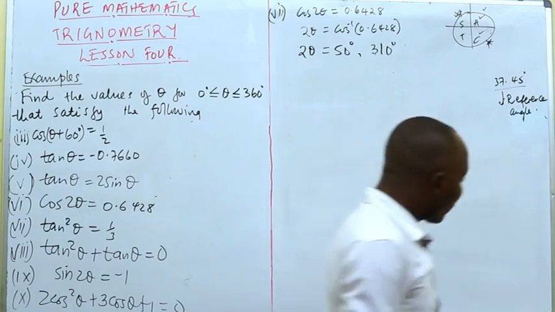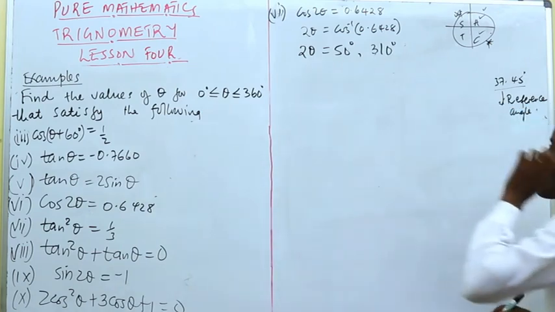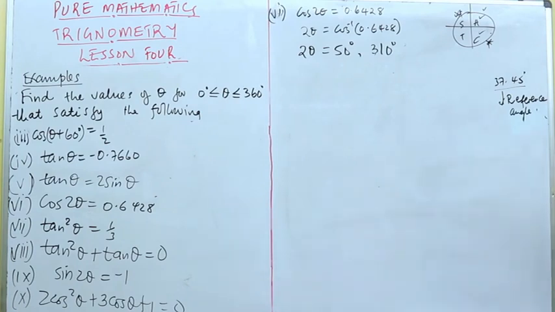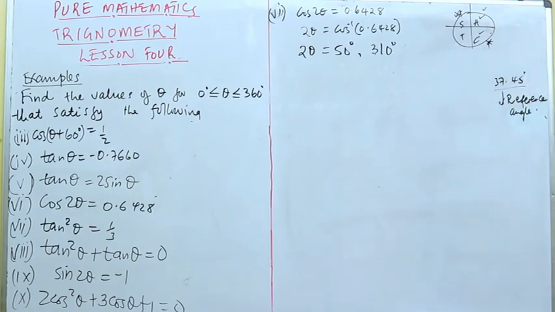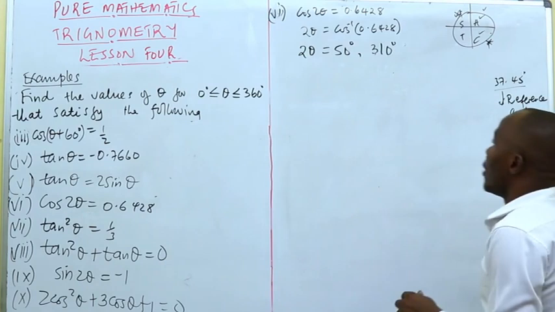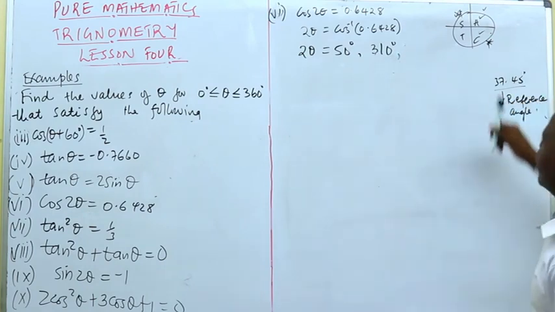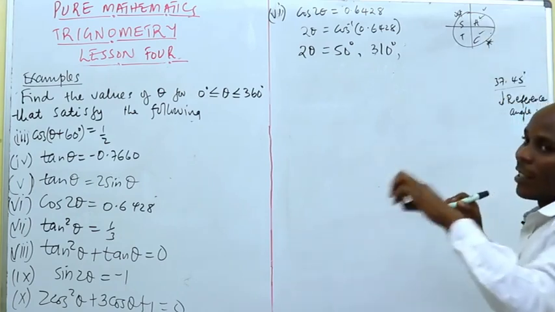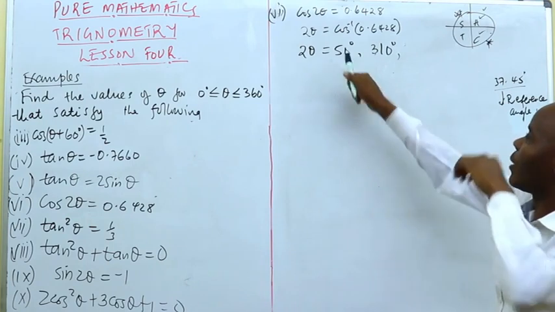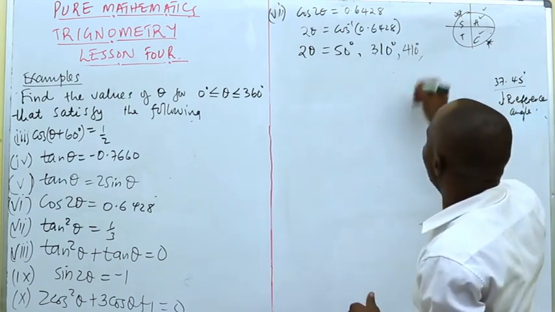Now, these values you're seeing here are corresponding to the angles in the first revolution after rotating once. So how are you going to get the other angles? The other angles are very easy to get. The next angle will be, based on the equation here, 360 plus the reference angle, and that is 410.